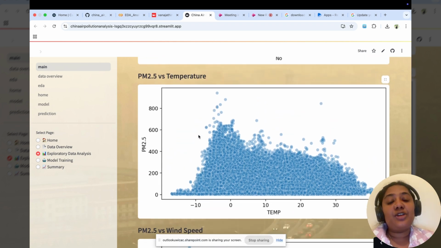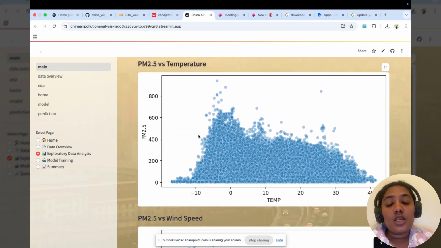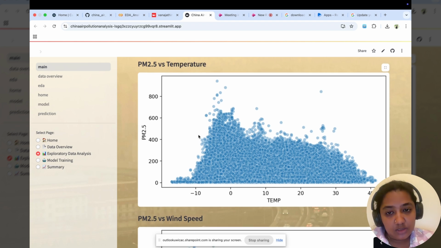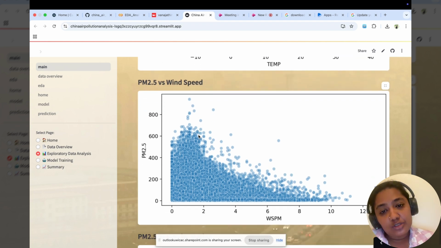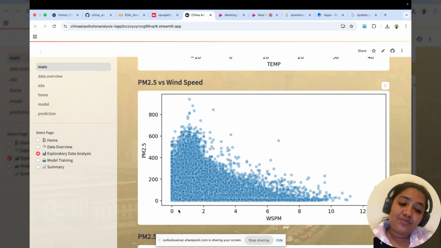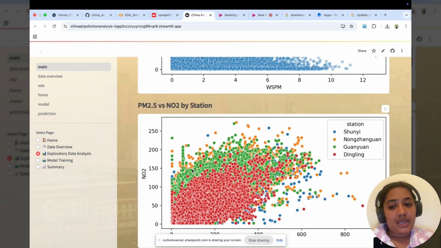So the temperature is impacting the air quality index, right? Yes. And then moving on to wind speed, the same as wind speed, from 0 to 4, we have seen that there is a lot of concentration of PM 2.5.